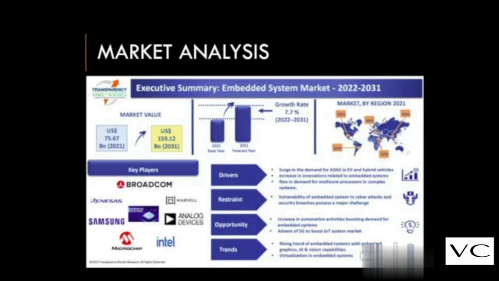So the processors and controllers used within these upcoming embedded devices will also be high performance, high power, and very self-reliant. The growth rate of this particular field will be raised by almost 8%.